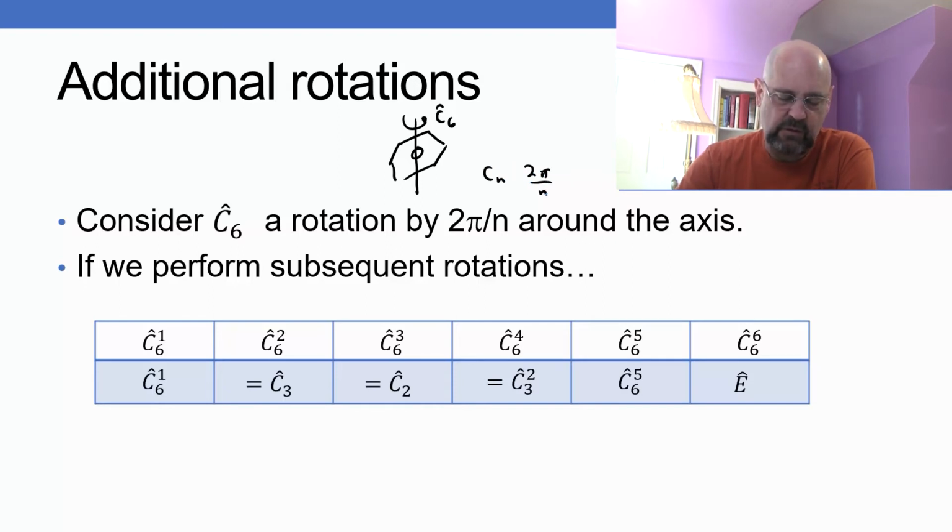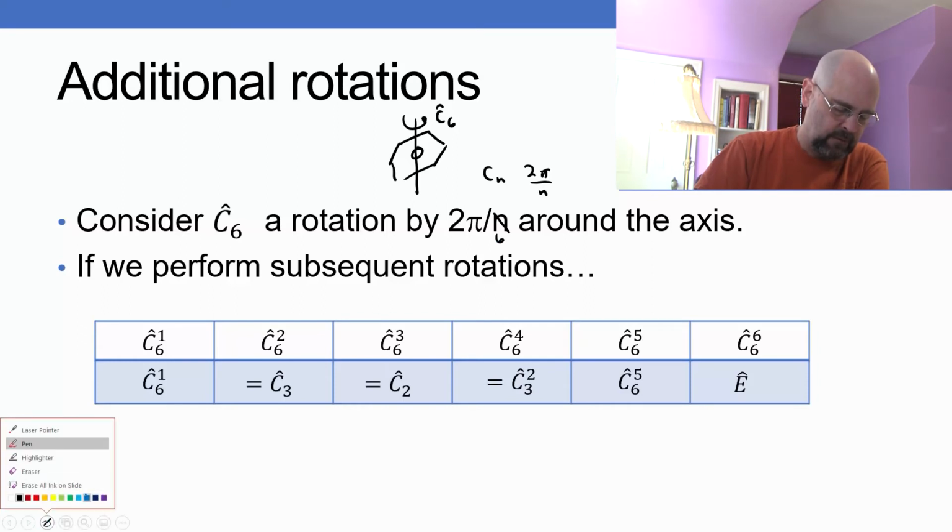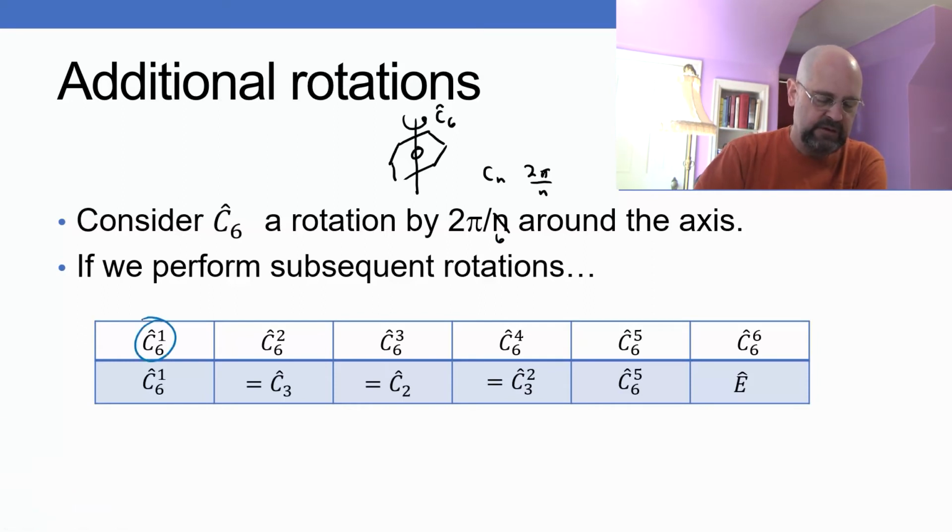So C6 is a rotation by 2 pi over 6 around the axis. If we perform subsequent rotations, you notice the notation here, we have C6 to the 1. Usually we just drop the 1 because it's understood.